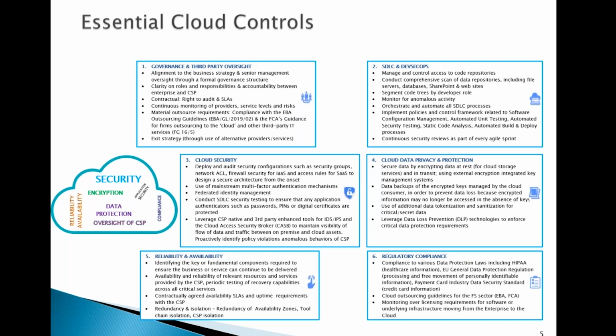of the applications deployed to cloud. First, you have to identify which are those critical components that are required to ensure business continuity. The other one is periodic testing of recovery capabilities, not just of the application stack, but also of the underlying infrastructure, the full technology stack, including some of the tools and services provided by the cloud service provider themselves.